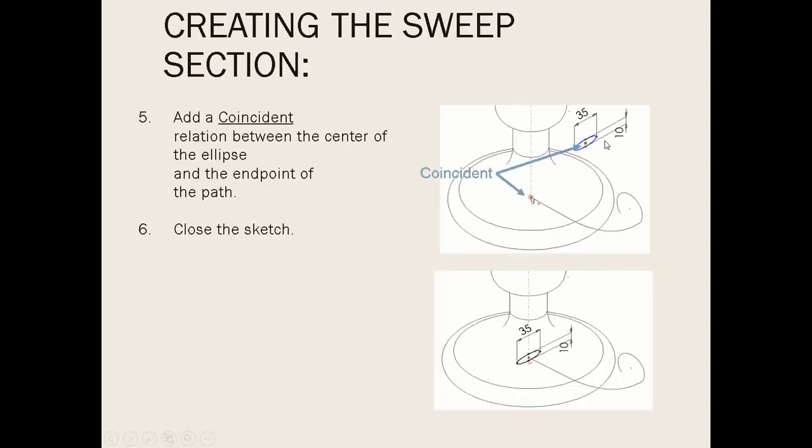Once you have it defined just somewhere on the right plane in your part document window, then you want to add a coincident relationship between the center of the ellipse, like right here, and that endpoint of the path you created. This will connect the two, and then it will snap your ellipse and it'll be fully defined because it's no longer just floating in space. You already set the dimension for where your path was going to start and end. And then you'll close the sketch.